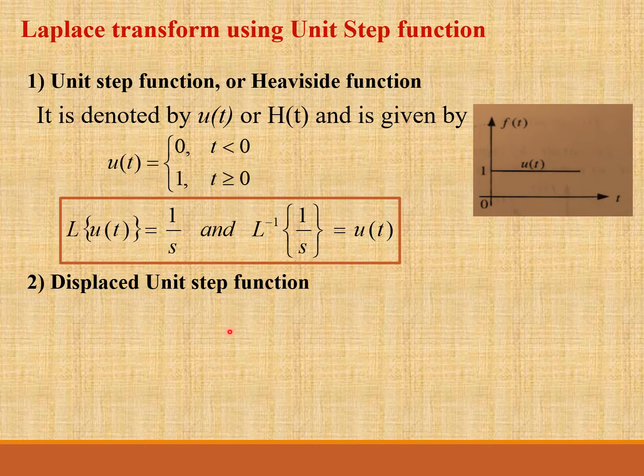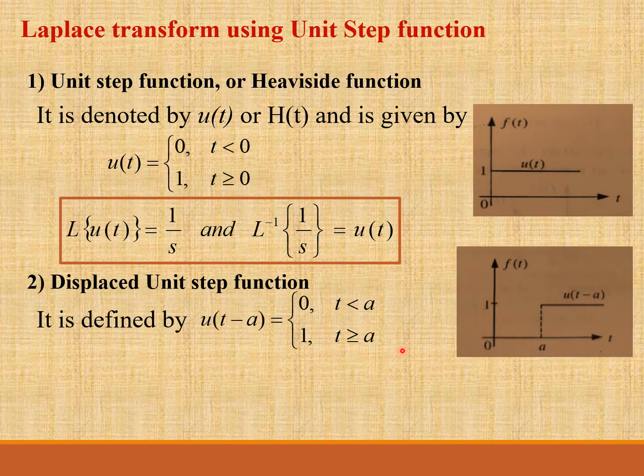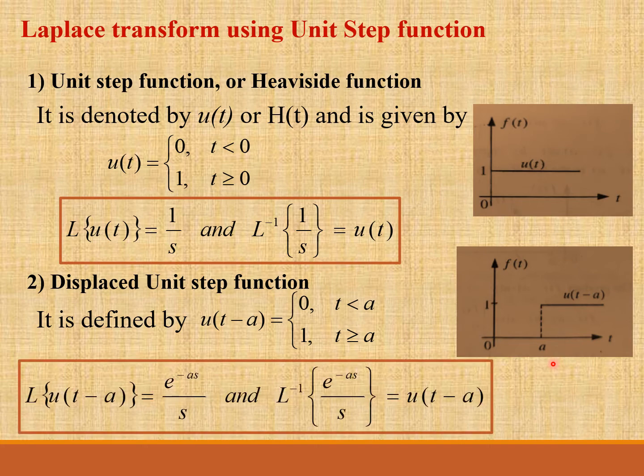Next is the displaced unit step function. It is defined as u of t minus a is equal to 0 for all t less than a, and it has a value 1 for t greater than or equal to a. And this is the graph of the displaced unit step function, which has a value 1 for t greater than or equal to a and 0 for t less than a.